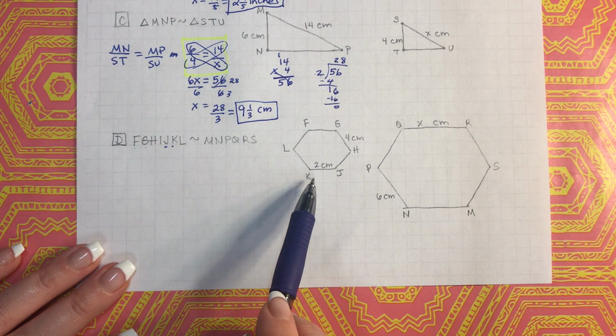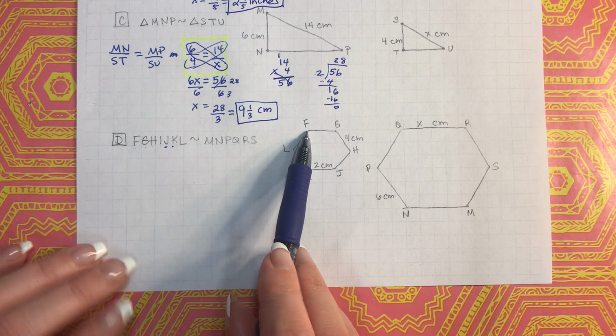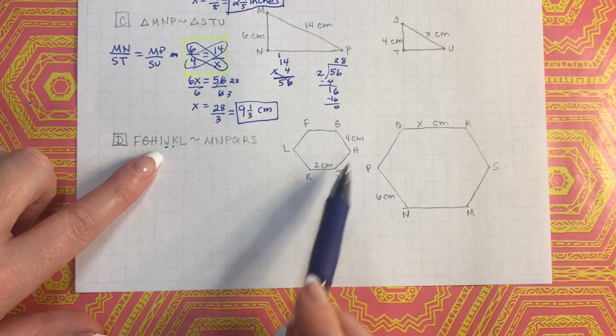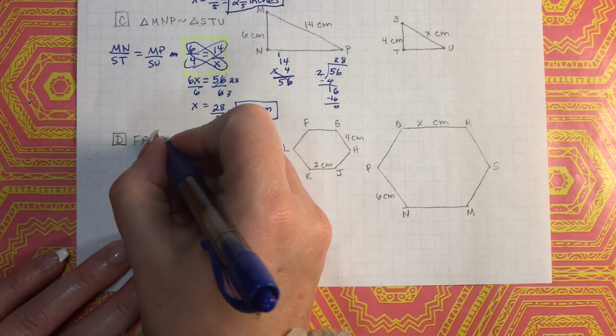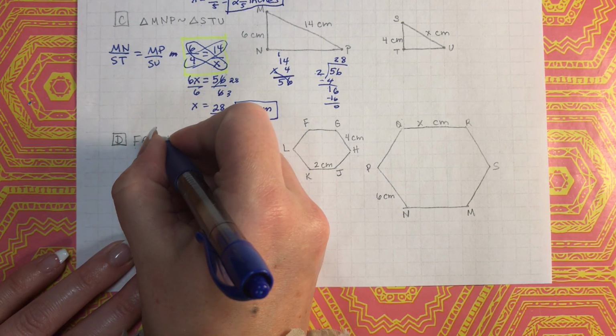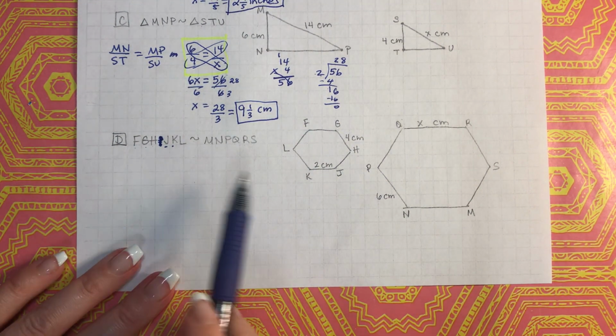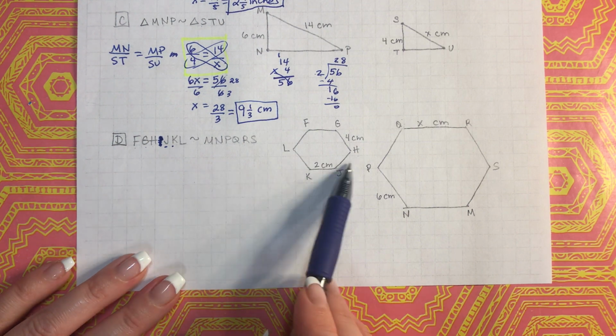F, G, H. Okay, there's no I. That's the problem. Sorry about that. Okay, what were we looking for?